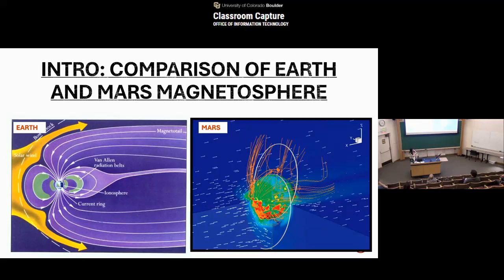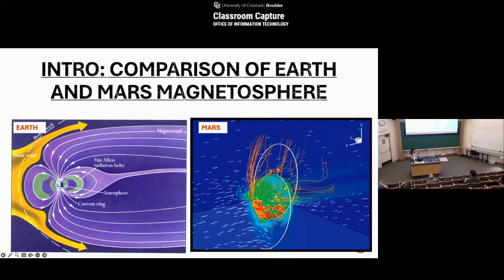Just to give a sense of how different the size of the magnetosphere of Earth and Mars is. To the left is the Earth magnetosphere. So we see the deflection of the solar wind occurs about 10 Earth radii from Earth.